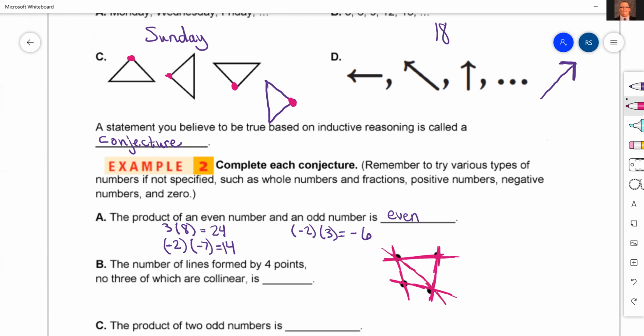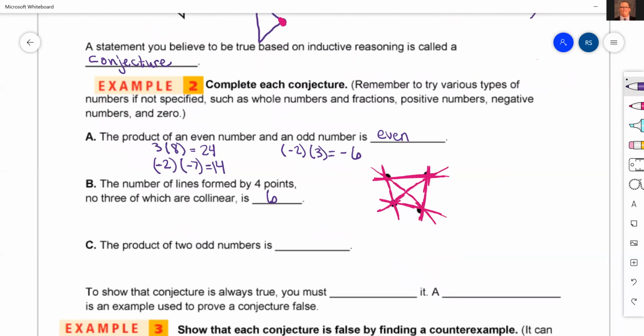There's 5. There's 6. Does anyone see any that I didn't connect? So far, I'm up to 6. Nope, we've exhausted all resources. So how many lines can we make from 4 points? 6. If none of the points are collinear, we can make 6 lines.